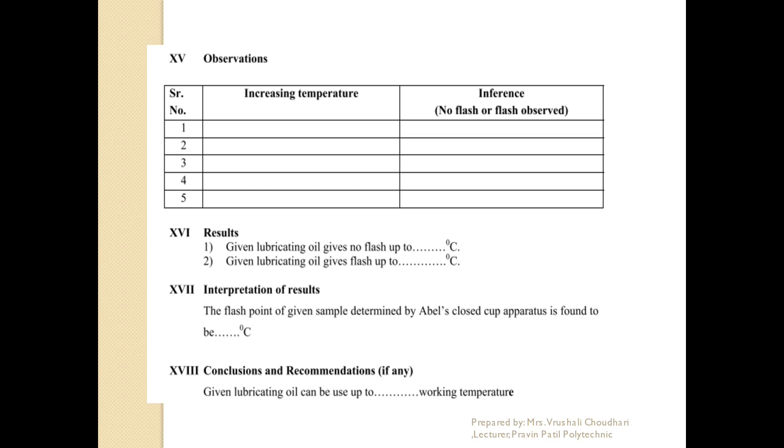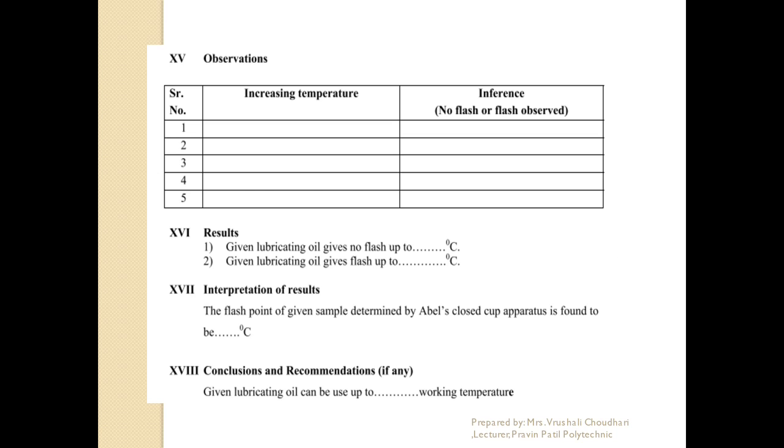Flash means what is obtained by a lighter for less than 1 or 2 seconds. Mobile cameras give you a flash for only 1-2 seconds, while a matchstick or wooden piece gives you a continuous flame, that is called a flame. Here we are going to note down the temperature at which the given oil gives a flash.